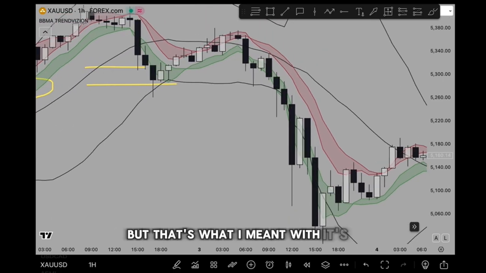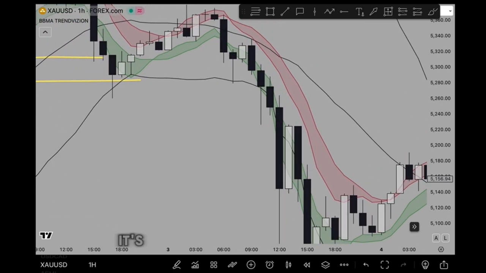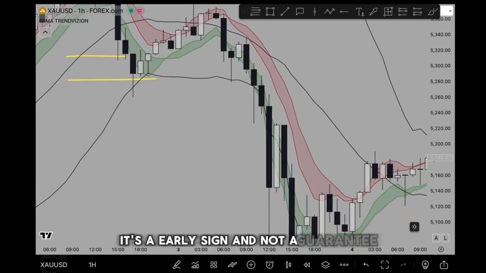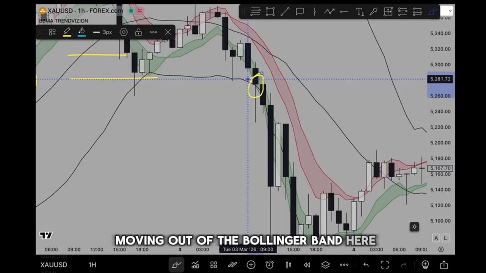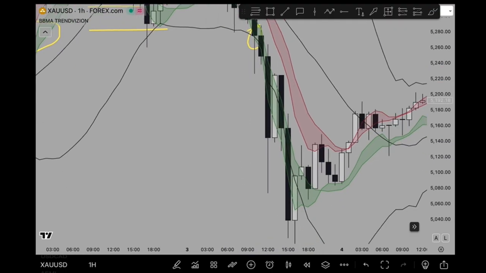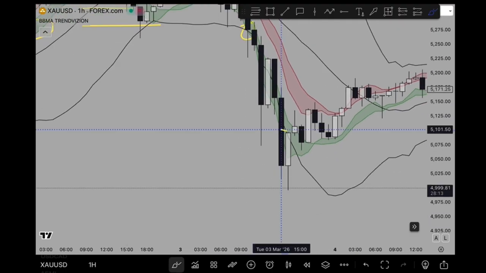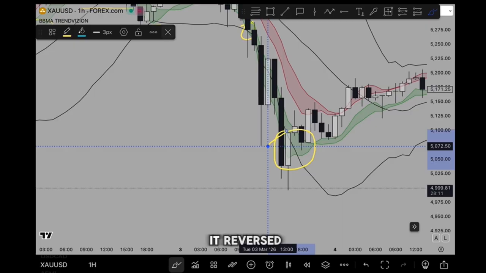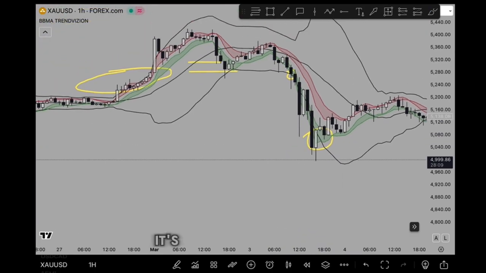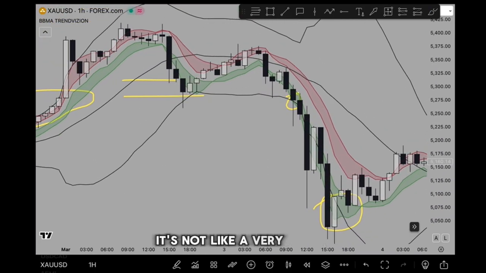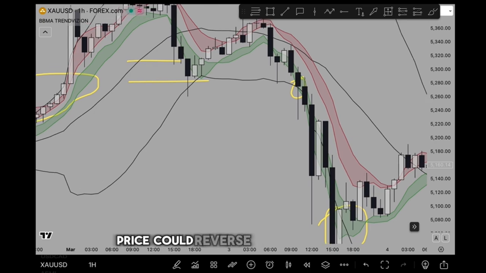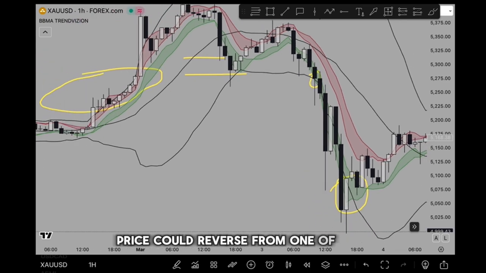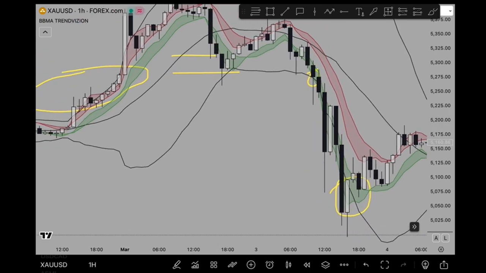But that's what I meant with it's a signal, it's an early sign and not a guarantee, because it already starts moving out of the Bollinger Band here and all the way down below here it reversed. So it's not like a very strong sign that price will reverse. It's just, okay, price could reverse from one of these areas.